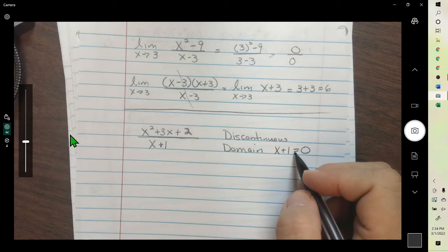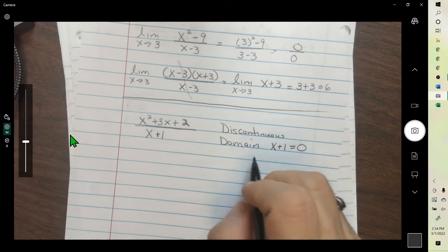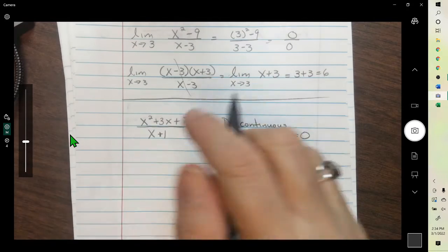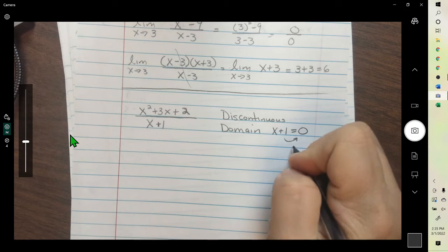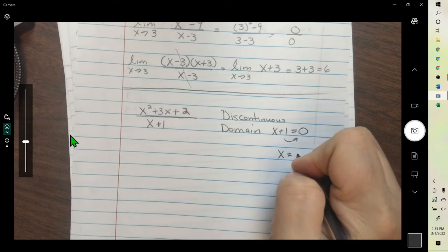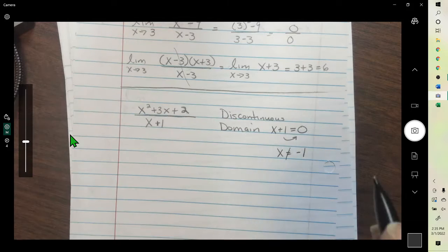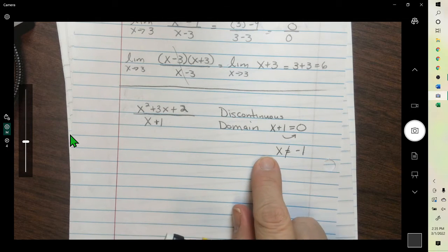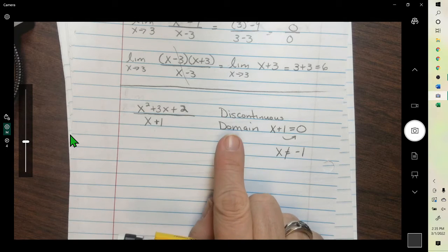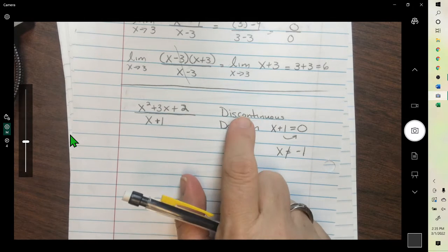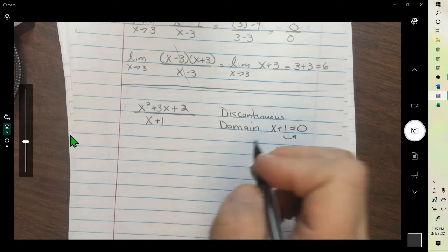If we solve this, whatever values we get, we have to omit from the domain, because that would give us 0. So if we subtract the 1, we get x equal to negative 1. So our domain omits x equals negative 1, and that means that's where it's discontinuous.